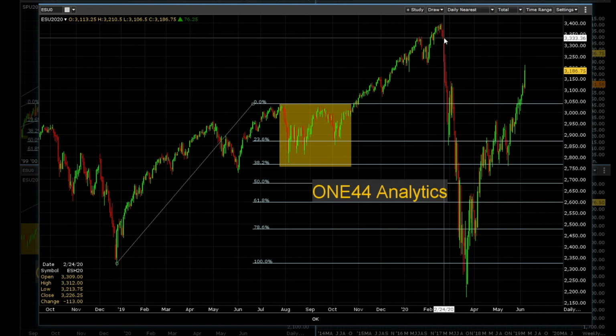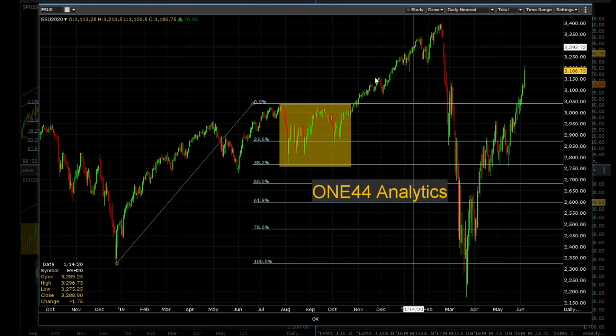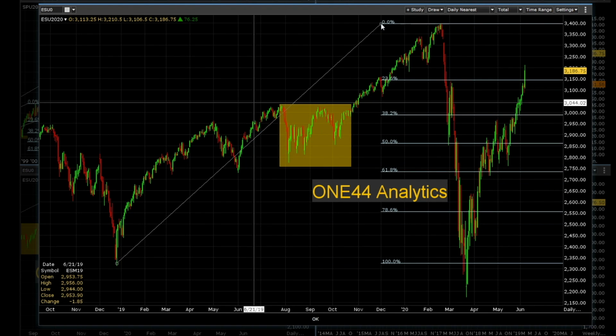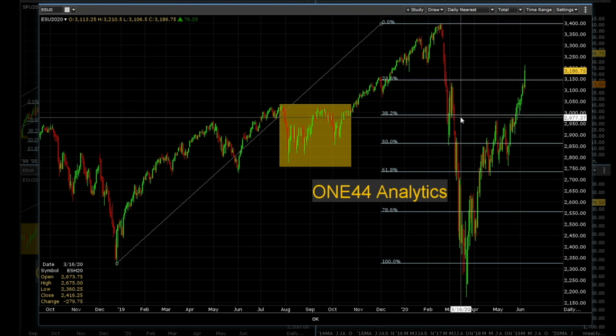And as soon as that 38% was taken out, you knew the move was over at that point, or the high is in for the time being, until you can find some other level that holds this market.